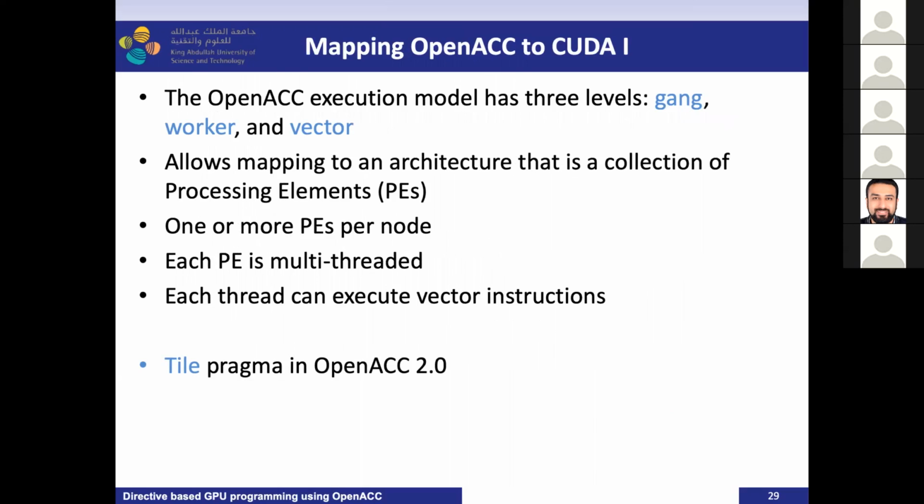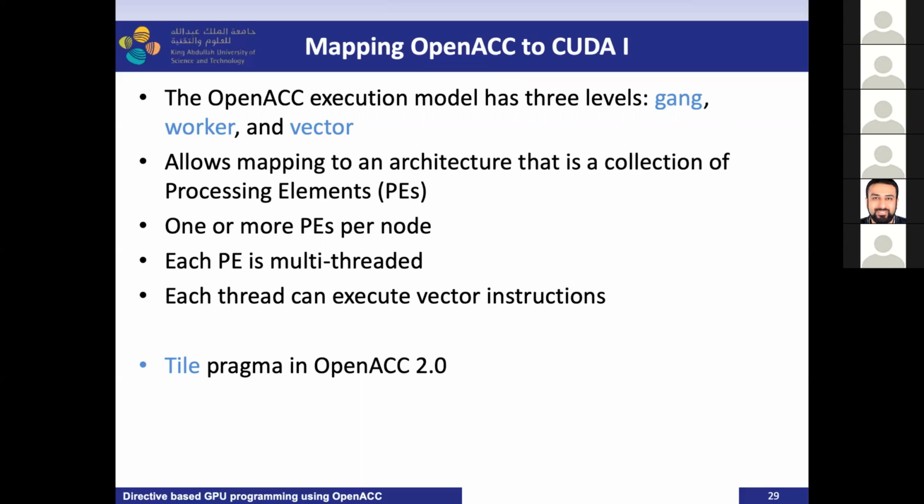So how do we map OpenACC to CUDA, which is what we do in the case of GPUs? We have 3 levels of parallelism in OpenACC that express the same levels. So the levels that we can add to a loop are the gang, worker, and vector. And that mapping basically allows us to map multiple architectures as well, not only the GPUs. So for GPUs, we can map the gang to the grid, the workers to the blocks, and the vectors to the threads.